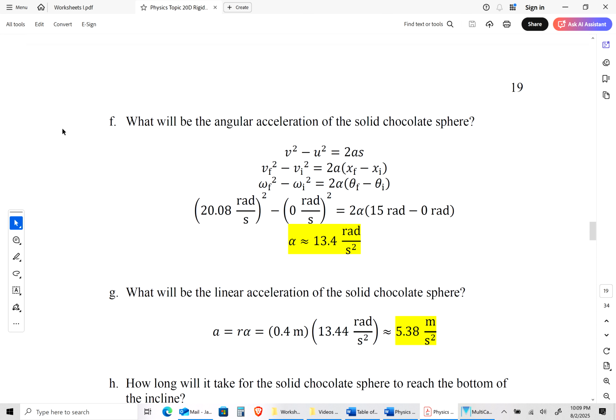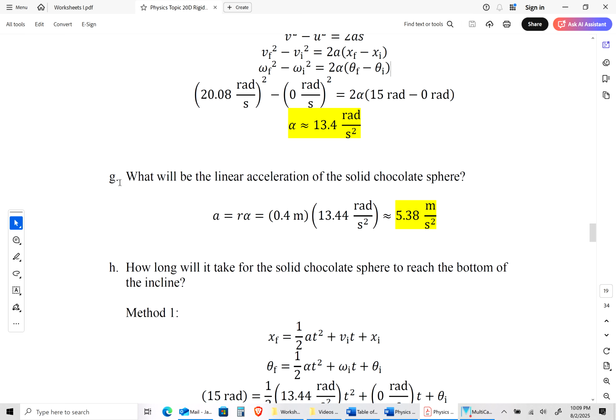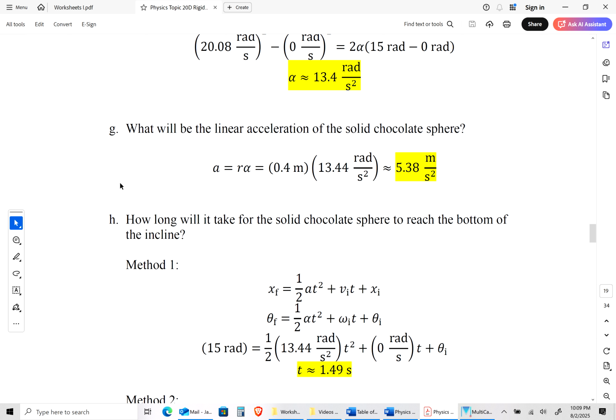Part F, what would be the angular acceleration of the solid chocolate sphere? Use this Suvat equation, convert it to an angular motion equation, and solve for alpha. Part G, what would be the linear acceleration of the solid chocolate sphere? A equals R alpha.